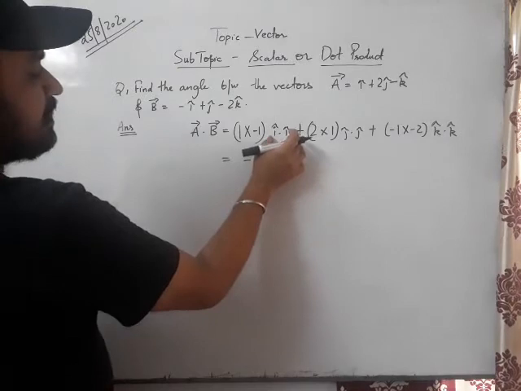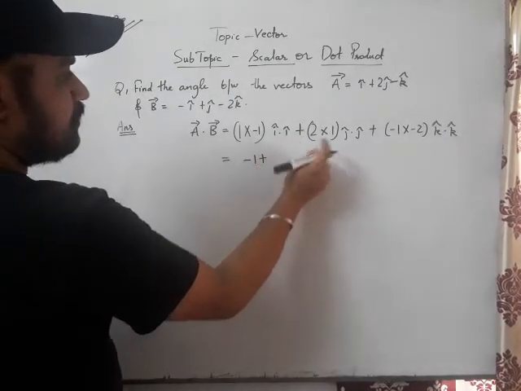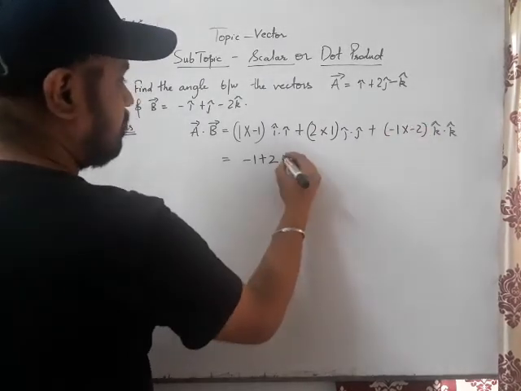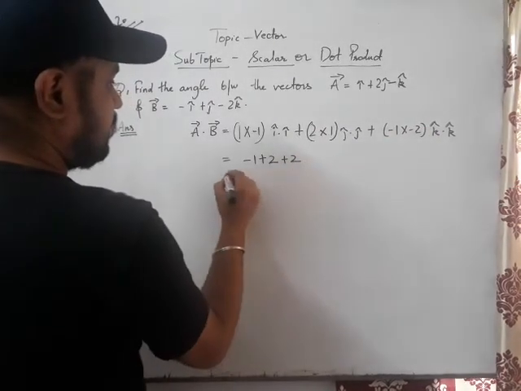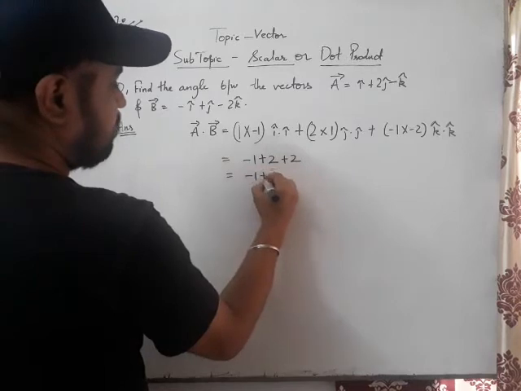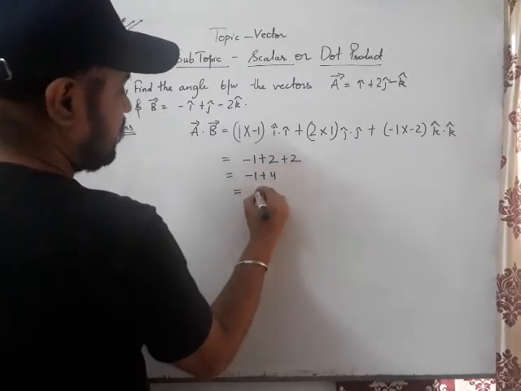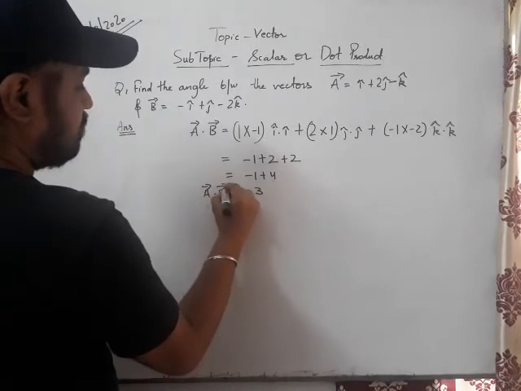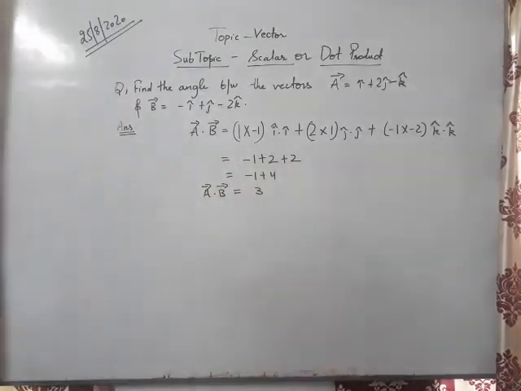Minus 1, i dot i is 1, so no need to write that, and plus 2 over here, so it will be minus 1 plus 4, that will be equal to 3. So A dot B vector comes out to be 3.